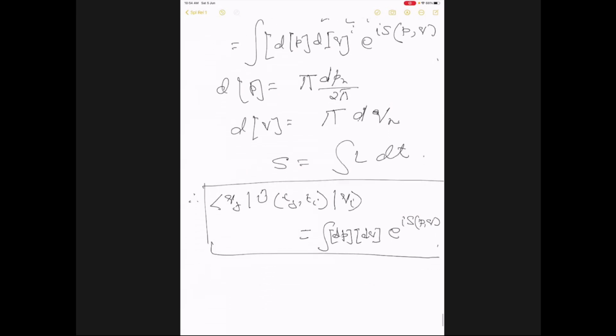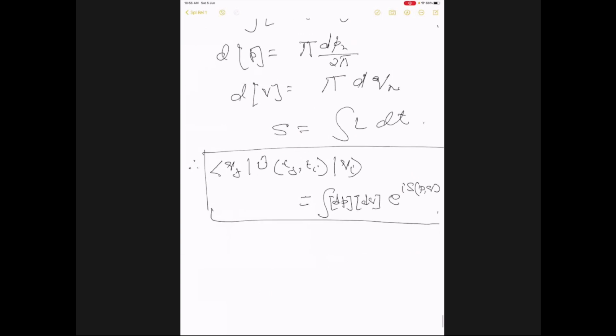So what is this? This is basically the transition from Qi at Ti to Qf at Tf, equal to the right hand side. What is the right hand side?